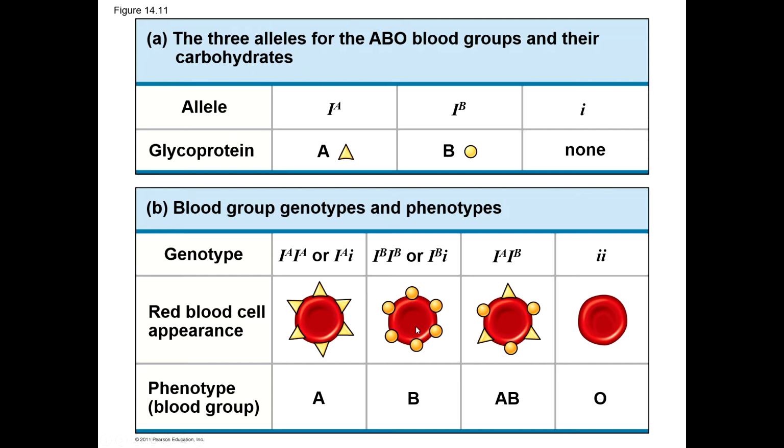If you are type B, again, B is dominant over O, so I don't know if you're homozygous or heterozygous. If you are homozygous, you inherited a B from each parent. If you're heterozygous, you inherited a B from one parent and nothing, or O. O actually means 0, nothing, from the other parent. So you would be heterozygous for type B.